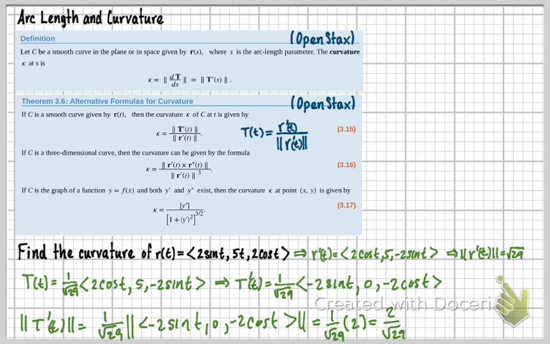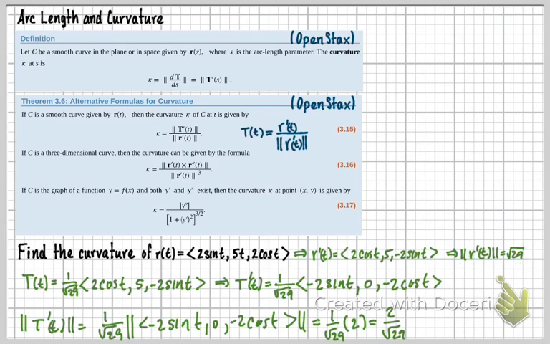Now the last step here is I have to take this magnitude of T prime of t, which is on the top here for curvature, and then divide it by the magnitude of R prime of t, which I already have down here.